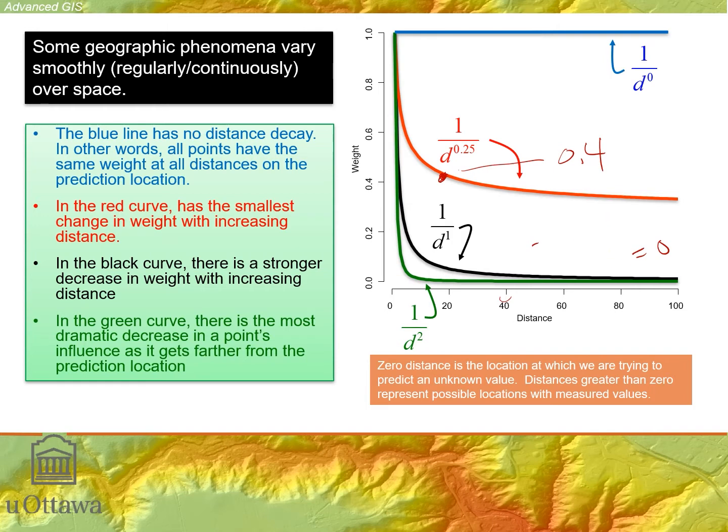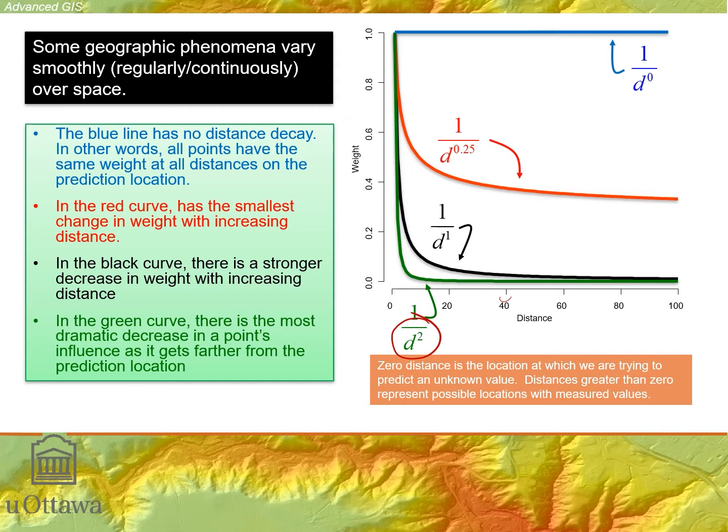And most packages or software and most people will just take inverse distance squared as the most commonly used, although there's no reason for it. That's the problem. You have to have some reason to use a particular distance exponent. It has to have something to do with how you hypothesize your values change in space, change with distance as a function of distance in terms of their weight on interpolated locations.